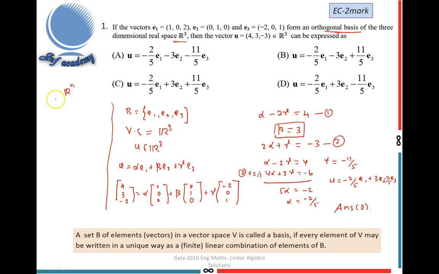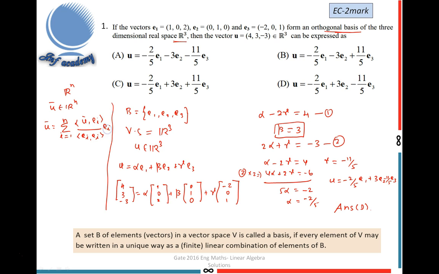Any U vector belonging to R power n can be written as U vector equal to sigma i equal to 1 to n of the inner product of U comma Ei divided by the inner product of Ei comma Ei, into Ei.